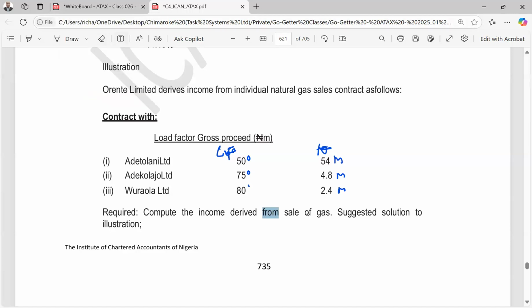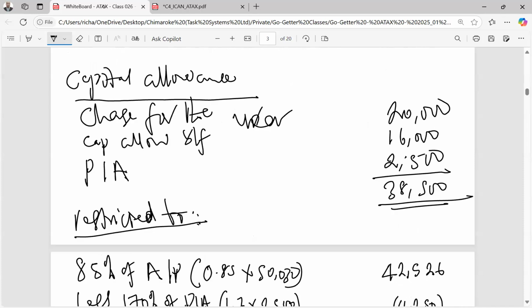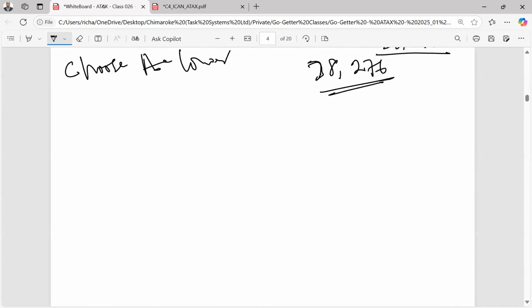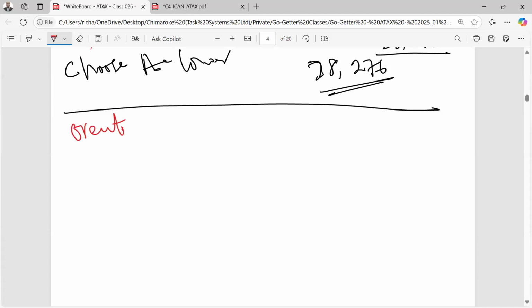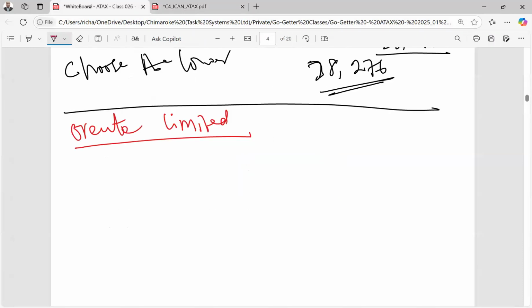So what you do now is this. Let's look at Oriente Limited. Now look at the gas contracts.